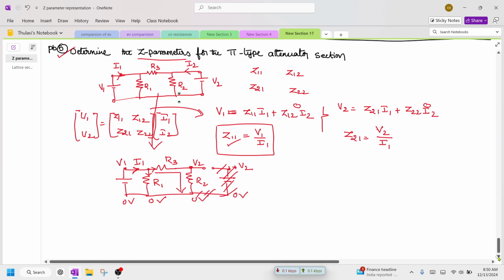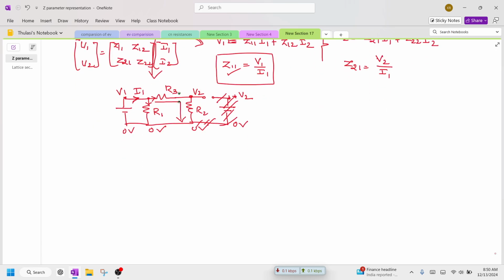So now the resultant network resembles like this. You have V1 and one resistor, which is R1, and the applied voltage is V1.